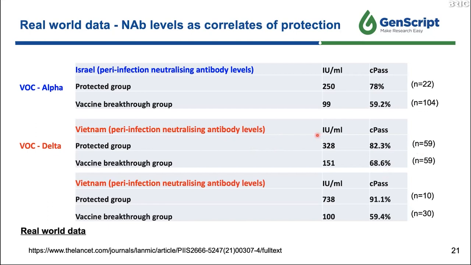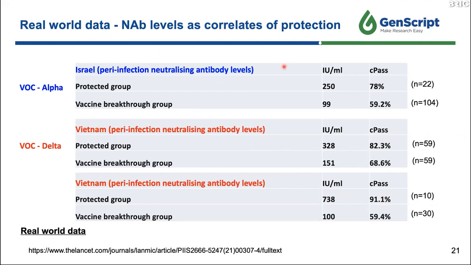The first cohort shows that with a neutralizing antibody level of 328 IU per ml, which is equivalent to cPass 82.3%, they were protected from infection from Delta. And the second cohort showed a higher value, in cPass about 90%.